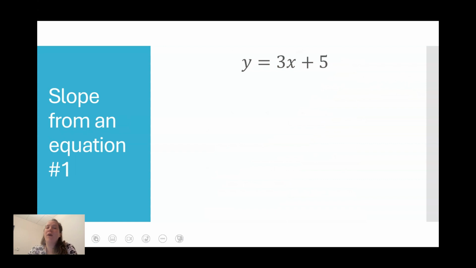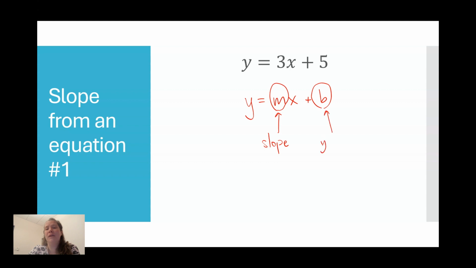All right, when you have an equation, if it's in the form y equals mx plus b, where m is any old number and b is any old number, m is the slope of my line and b is the y-intercept of my line. So we love when equations are in y equals form because it just gives me the slope.